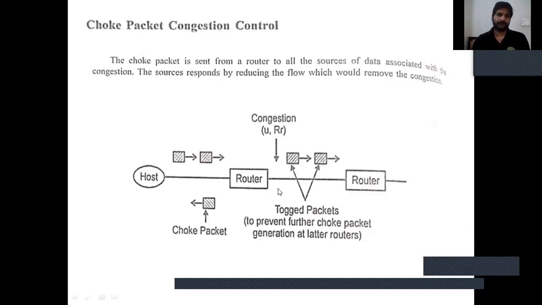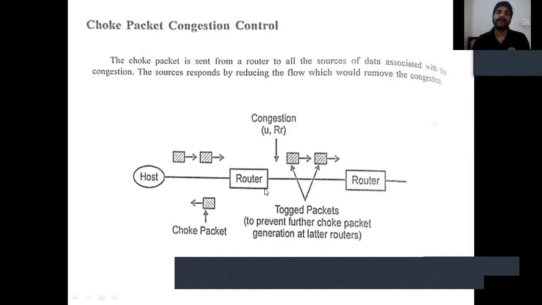Suppose a particular router receives a number of packets at the maximum or exceeding its capacity. The capacity of the router is less with respect to the receiving of packets. So here the threshold is crossed and the congestion situation is created.